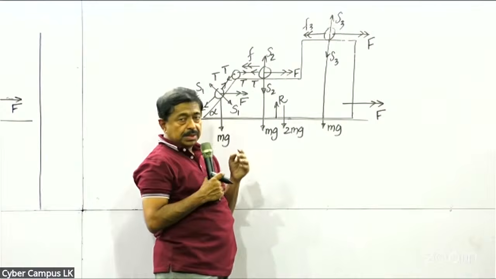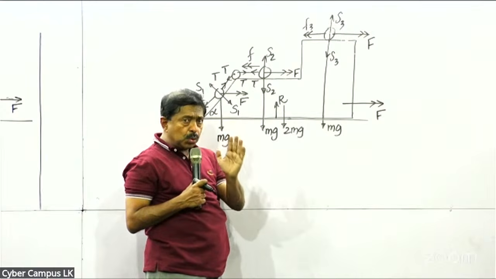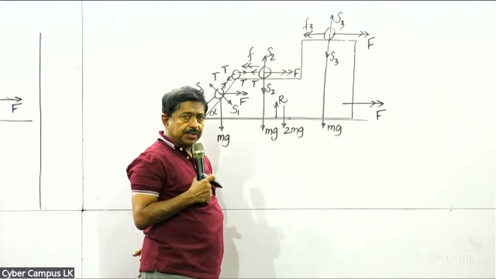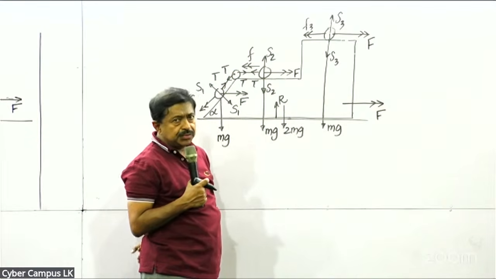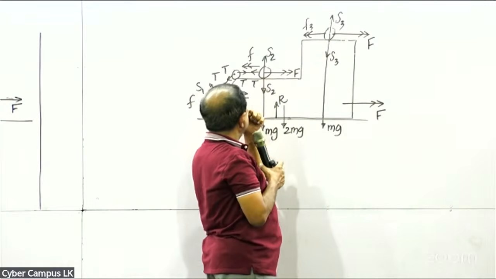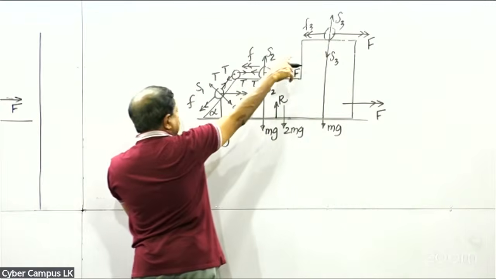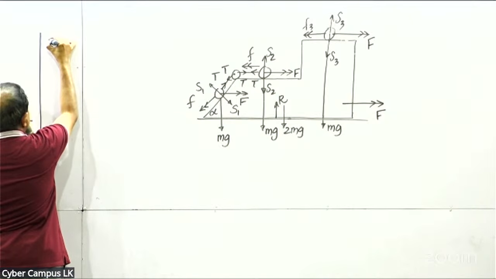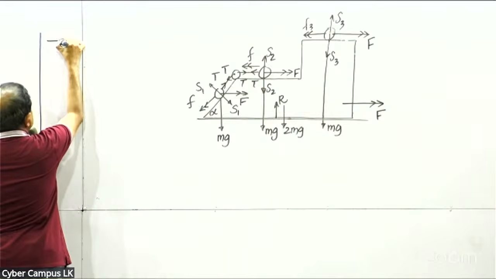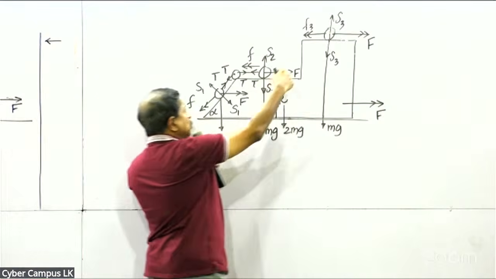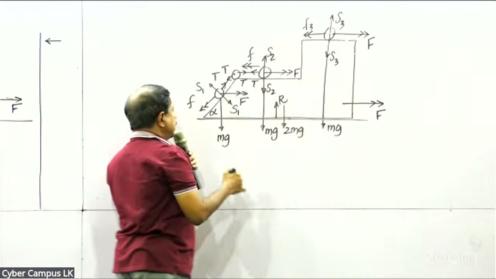Now, how can you write them? You have to write them without getting these reactions involved. So we'll start with an easy case. Take this, or this. No, I'll go for that, P3. So applying F equals ma, this way, because its acceleration is this way.